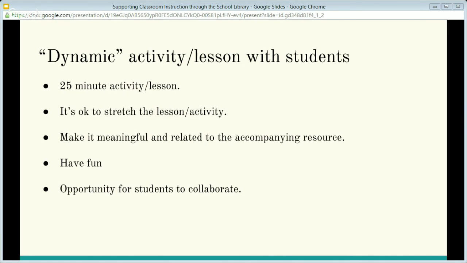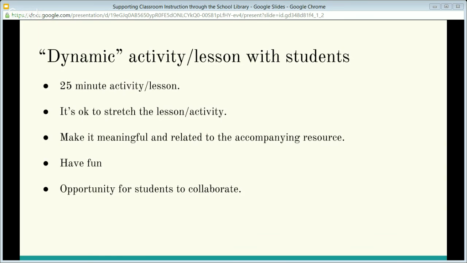Give the students an opportunity to collaborate, to talk, to create together. Everything doesn't have to be separate, but creating projects, creating plays, collaboration is very important. Collaboration should not just be happening between the adults on campus, but it should be happening with the students. So creating those opportunities for your students to collaborate is definitely a good idea.